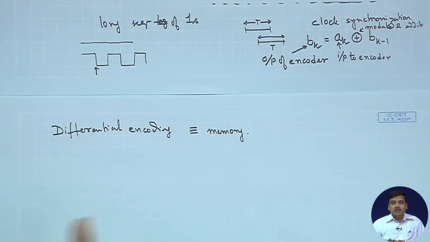When we discussed memoryless and with-memory modulation, we stated that memoryless modulations are those where the current output does not depend on the past, that means whatever signals have been transmitted in the past symbol intervals. Whereas, the ones with memory are those which use information about signals that have been transmitted in the past.